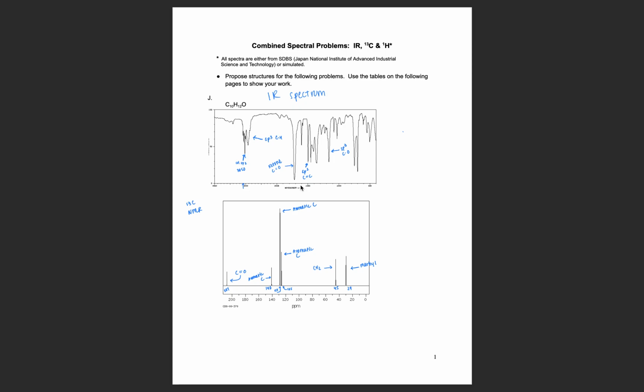We have a carbon double bonded to another carbon. And this last peak right here is our sp3 carbon single bonded to another oxygen. So that is our entire IR spectrum. This contains about 4 or 6 carbons from our formula.